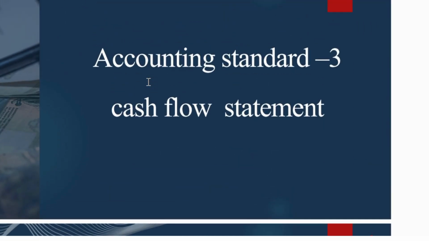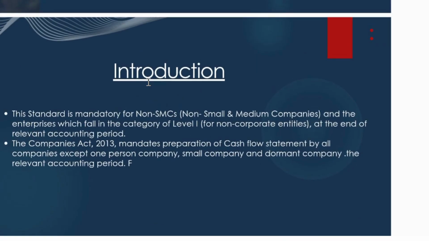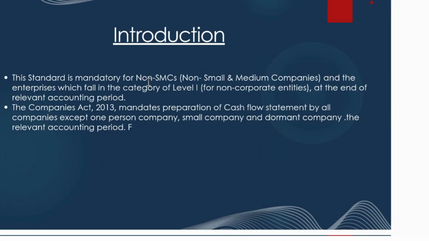The cash flow statement is covered by Accounting Standard 3, and this standard is mandatory for all the non-SMEs, that is the non-small medium companies and the enterprises which fall under the category of level 1. You have to understand that it is only talking about level 1.